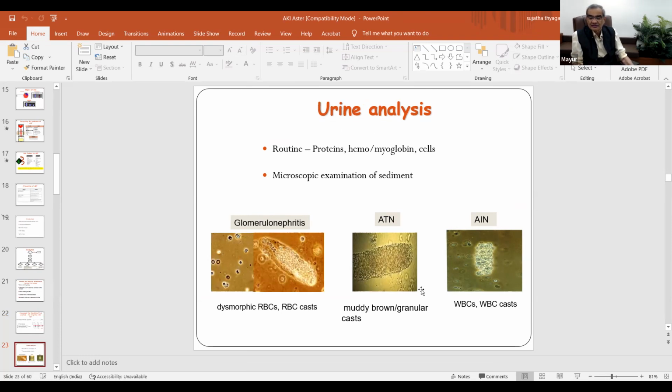Those are tubulointerstitial. So broadly speaking, in glomerular diseases, oliguria, hypertension, hyperkalemia, fluid overload.